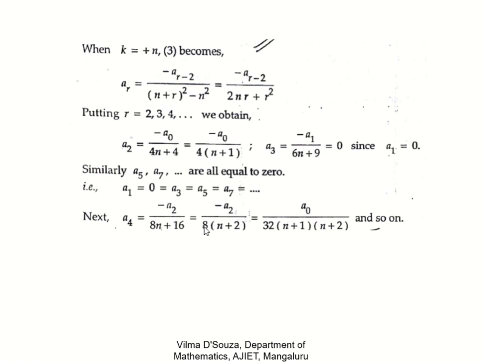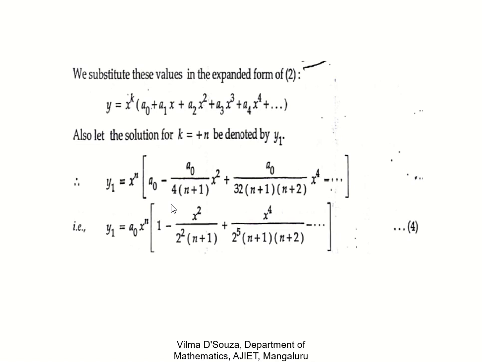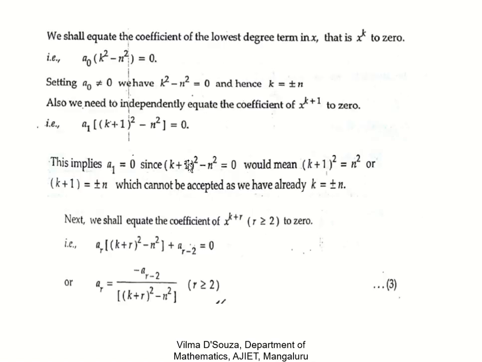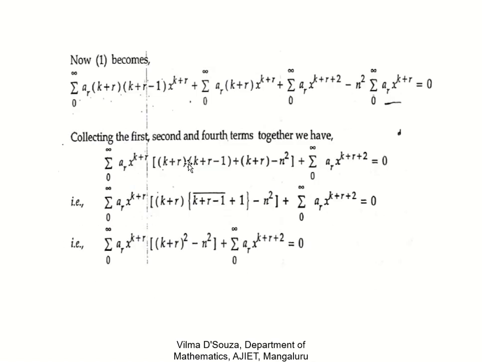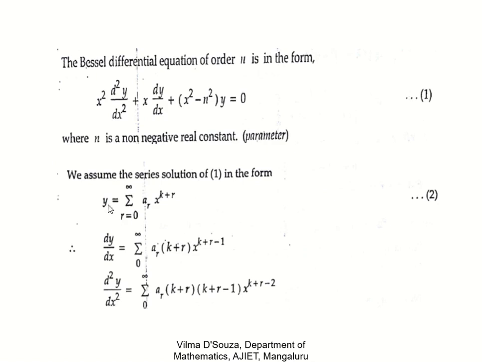So A0 divided by 8 4s are 32 into n plus 1 into n plus 2. Okay. Similarly, find A6 and go on substituting this in the expanded form of equation 2. So let me go back and check what is the equation 2. Y is equal to summation AR x to the power k plus r. So what is the expanded form? I told you that time. Put r equal to 0, r equal to 1 and so on.